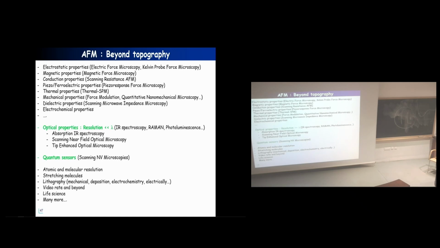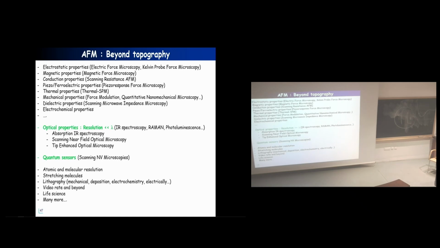Okay, so now at this stage we can make the topography of any surface in a static mode or in a dynamic mode. But of course we would like to do something more exciting. And there are lots.